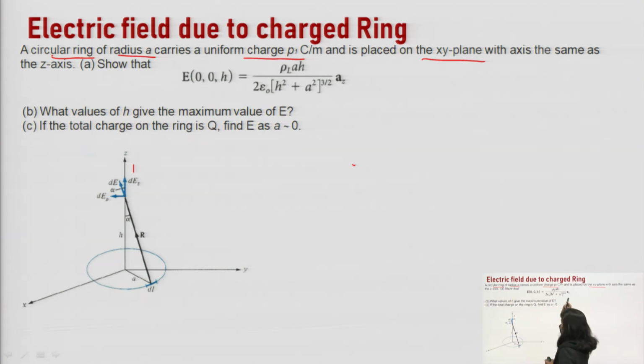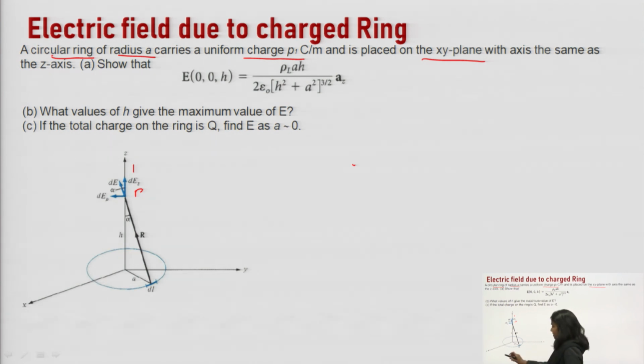So that means we need to find electric field at a point P which is on the z axis due to a charged ring which is placed on xy plane. XY plane can also be considered as z equal to 0 plane.